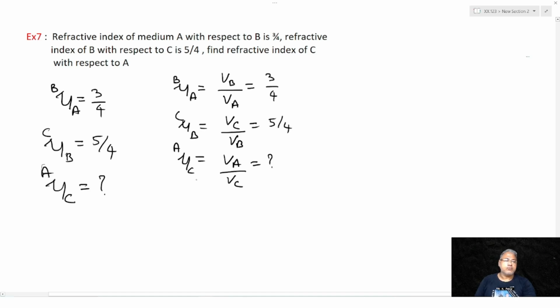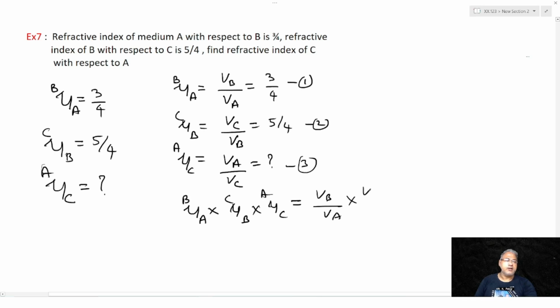So what we will do now is multiply all three relations 1, 2 and 3. The first is the refractive index of A to B, then B to C, and then C with respect to A, equals VB upon VA into VC upon VB into VA upon VC.